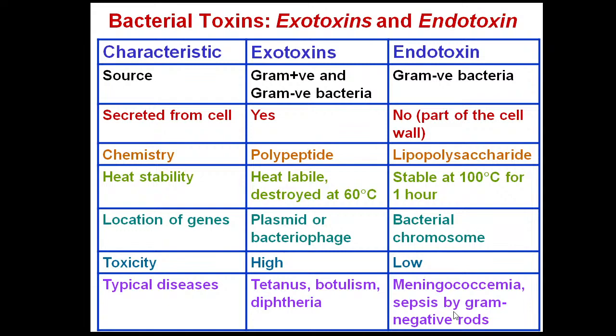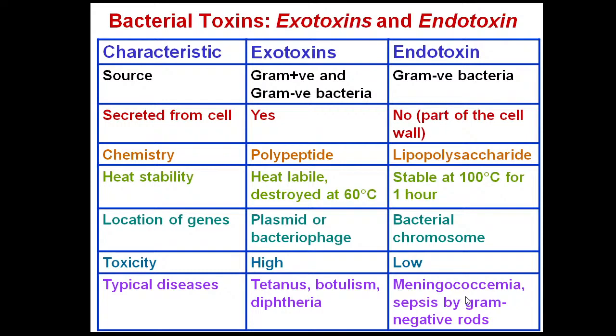And these toxins may cause different types of diseases. With the release of exotoxins, tetanus, botulism, and diphtheria are connected, right? They are produced just because of the ability of the bacteria to produce toxins, while the diseases caused by endotoxin are like meningococcal meningitis or meningococcemia.